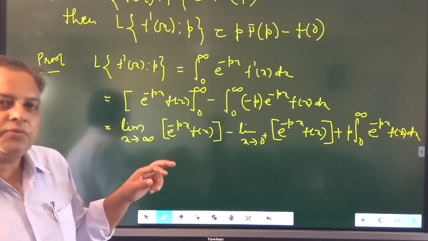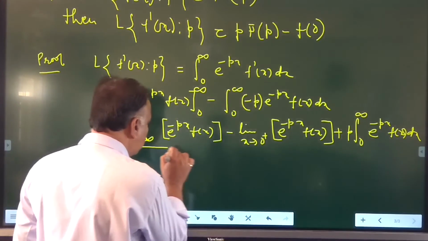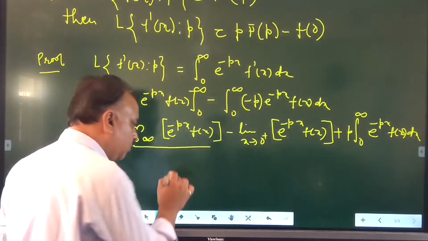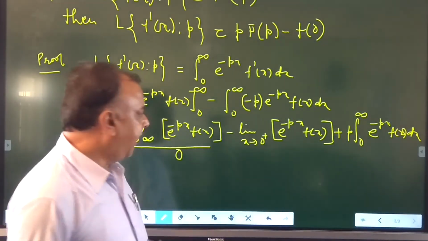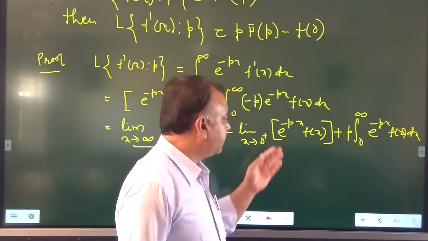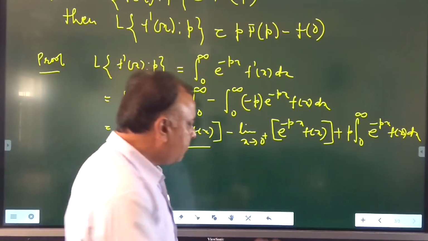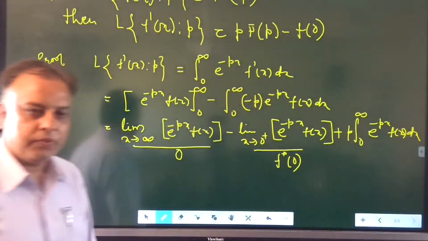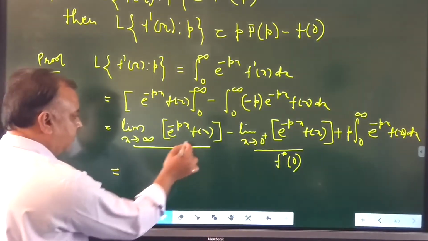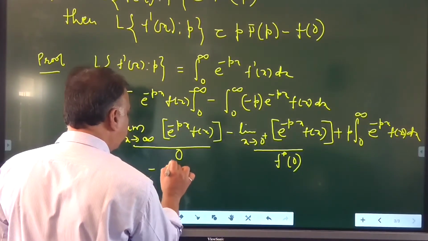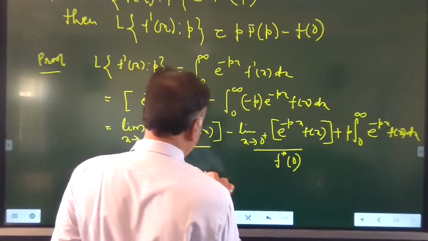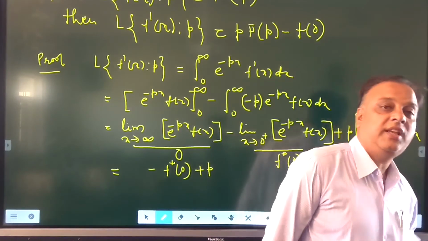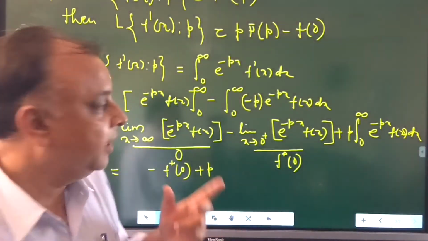Since the function f(x) is of exponential order gamma, the limit x tends to infinity of e^(-px) f(x) comes to be 0, and the limit x tends to 0 plus of e^(-px) f(x) comes to be the right hand limit f(0+). So calculating this, we get 0, minus f(0+), and plus p times the integral from 0 to infinity of e^(-px) f(x) dx, which is nothing but the Laplace transform of the function f(x).